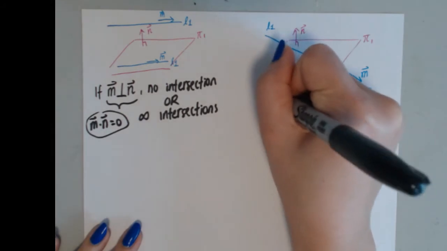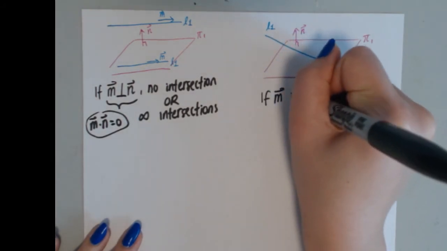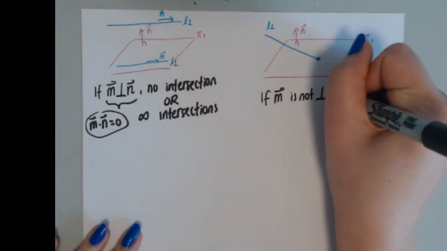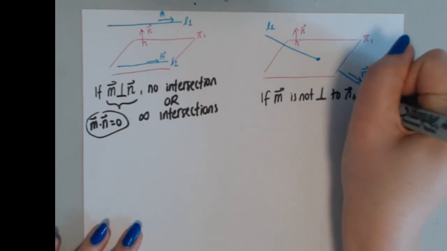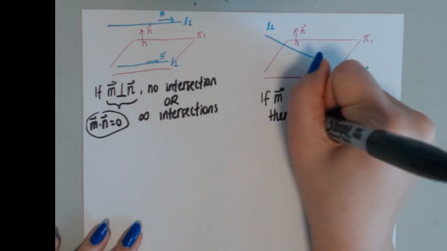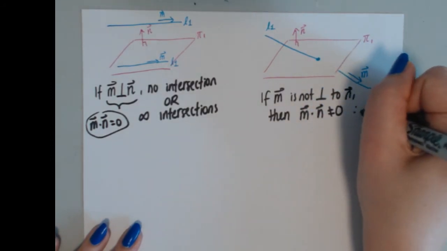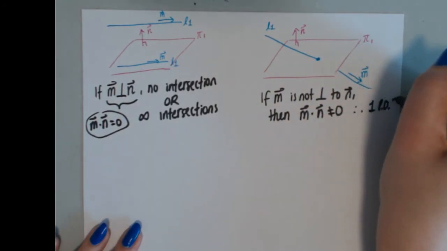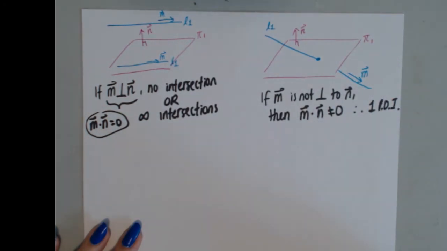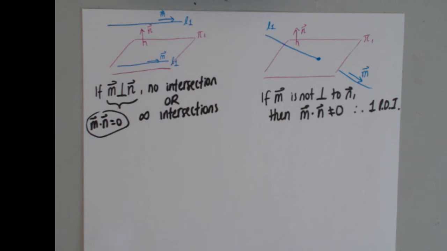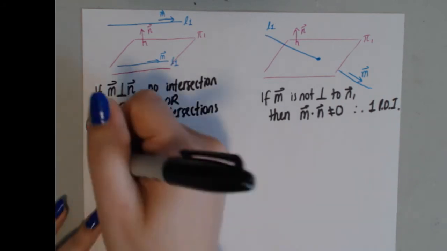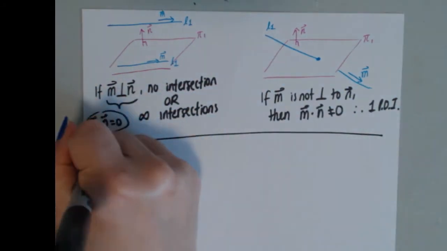So here we're going to say if m is not perpendicular to n, then we know that the dot product between those two vectors is not 0. So therefore, there is one point of intersection, one POI. So understanding that is going to be really important for us to move on to example 2.